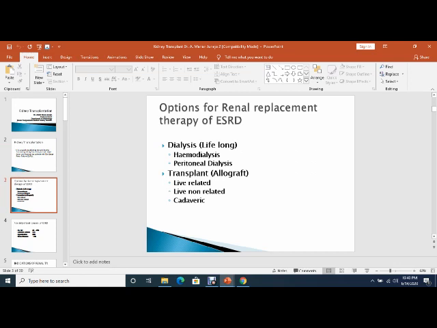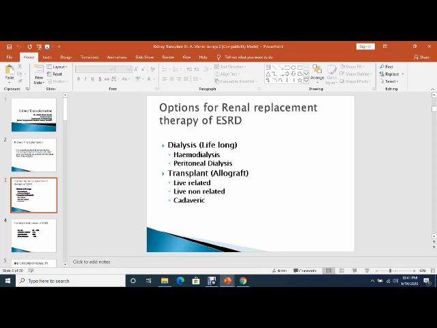So what are the options of renal replacement therapy for end stage renal disease? Regarding the treatment, there are two options. One is dialysis, lifelong dialysis: hemodialysis and peritoneal dialysis, or CAPD, continuous ambulatory peritoneal dialysis.